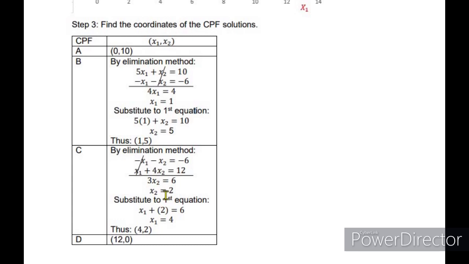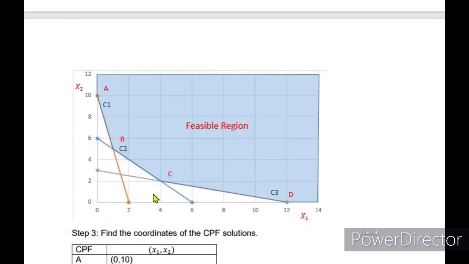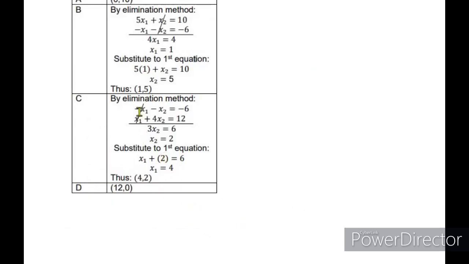Next, for point C, it is elimination method again between constraint 2 and constraint 3. Okay? So this is constraint 2, this is constraint 3. So you notice that we multiply negative 1 in the constraint 2 to eliminate the first term. Now what is left is this.